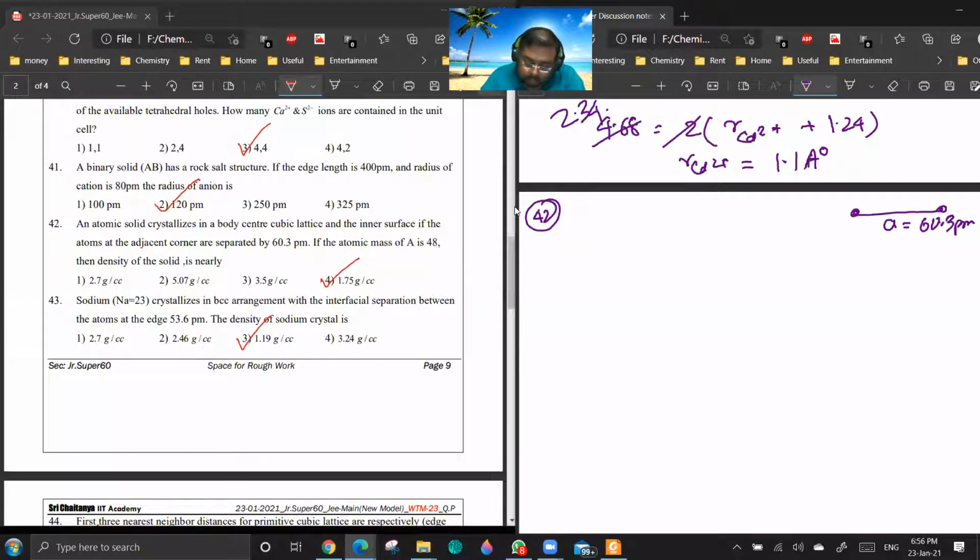Sir, their body-centered cubic lattice and the inner surface, you said, what does it mean? One minute. See, atomic solid is crystallizing as BCC, means the lattice unit cell is BCC.